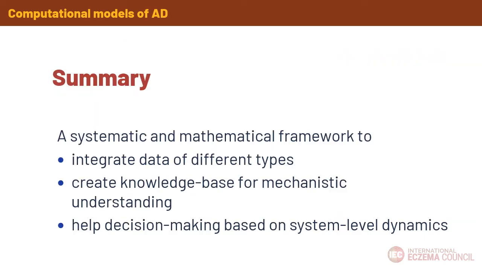So here I showed some published models for each of the 4 types of data analytics, and in summary, I hope that you could get the sense that computational models can provide a systematic and mathematical framework to integrate data of different types, create knowledge base for mechanistic understanding, and could help decision making based on system level dynamics.